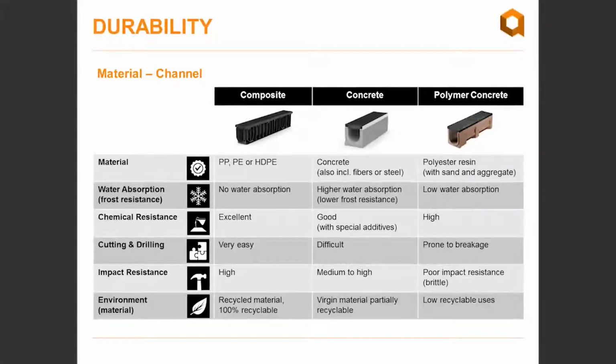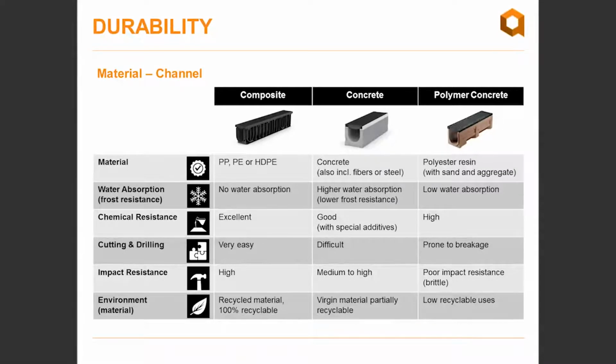On impact resistance, composite has a very high impact resistance. Concrete has a medium to high impact resistance. The disadvantage of polymer concrete is that it is brittle, so you need to be very careful during the installation process mainly.